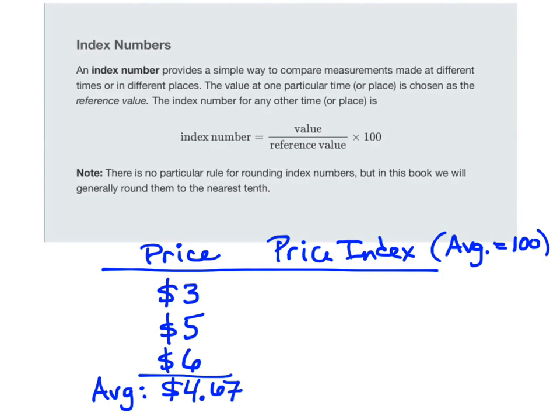And then let's go through the steps for finding the index number for each of these prices. We just need to take each value and compare it to our average and then multiply by 100 to get a percent. So if we take the first one, $3, we compare that to $4.67 and multiply by 100.